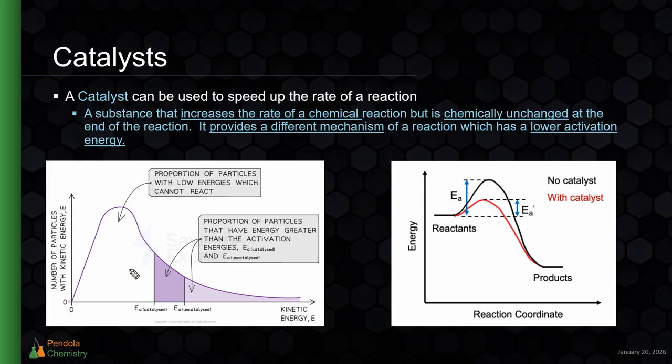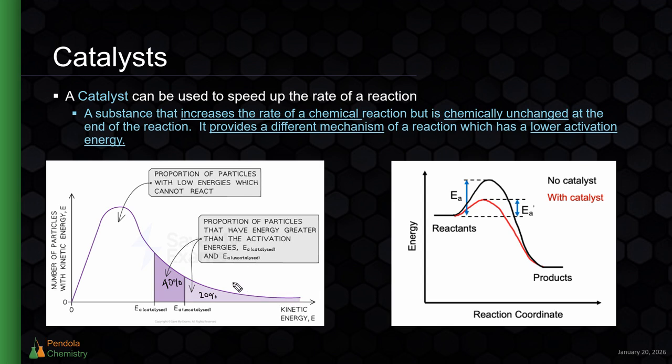So essentially what we see here is that for the uncatalyzed reaction, let's say maybe 20% of the graph lies beyond the activation energy. So 20% of the collisions will lead to successful collisions. But maybe for the catalyzed reaction, with the catalyst, because that activation energy moves down, the area past the activation energy is now higher, maybe 40% of the total number of collisions will lead to successful collisions, because now that area past that activation energy is much larger.